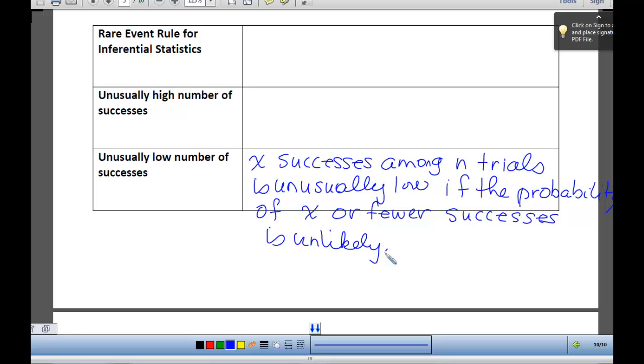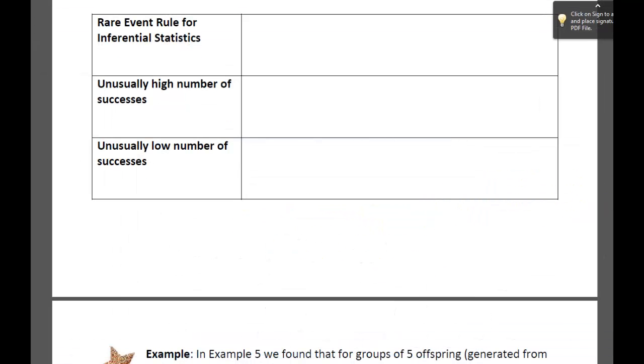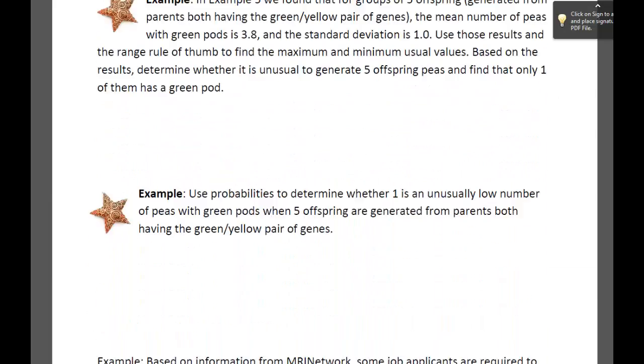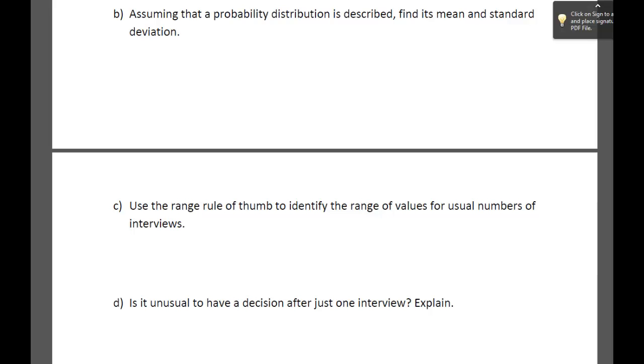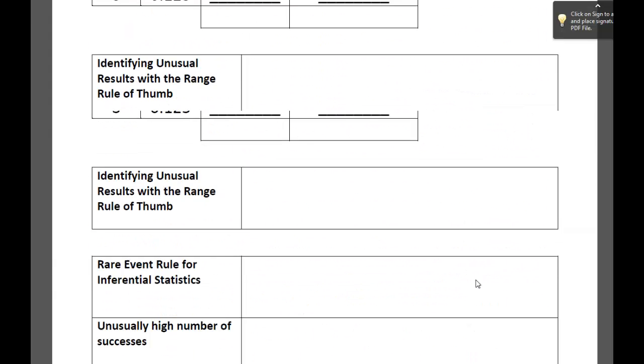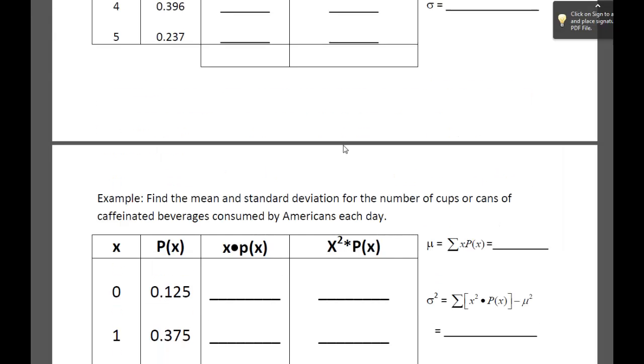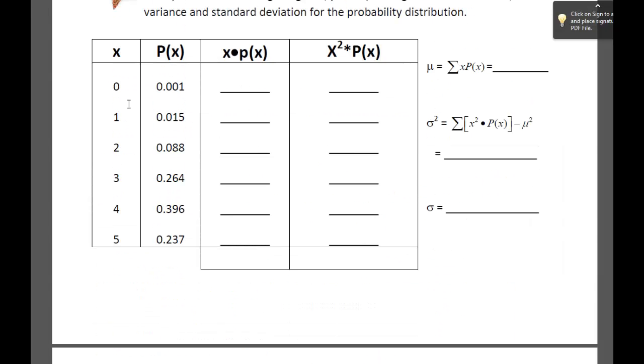So when we look at the example, looking at our probabilities, here we are for the pea pods. When I look at the probabilities for 1 and 0, they add up to 0.016, right?